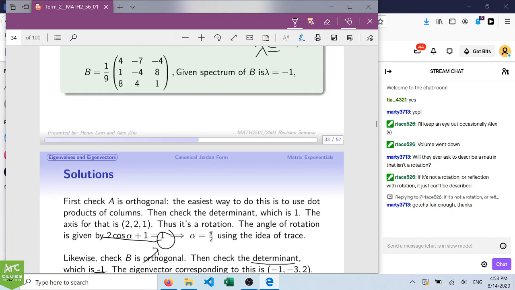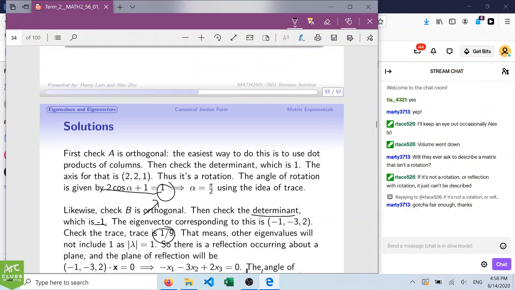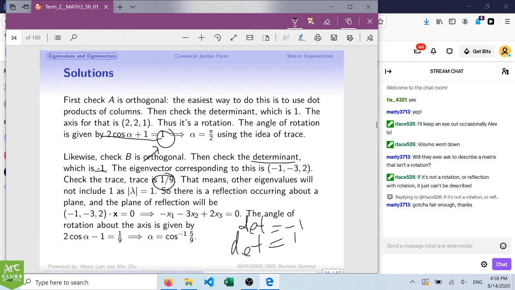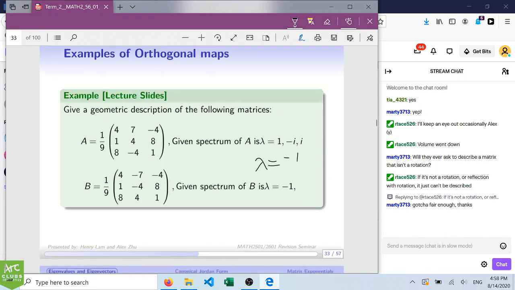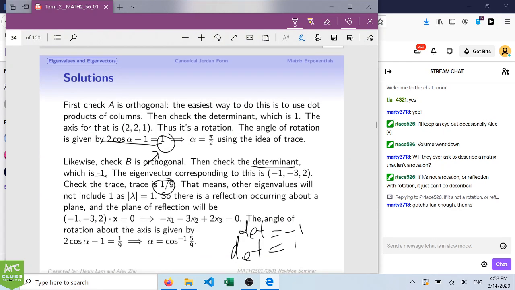In fact, when we know lambda is -1, we can pretty much get out the entire question because the trace is 1/9. That means we have three eigenvalues, right? The product of the three must equal 1, and the magnitude of each eigenvalue also has to equal 1.